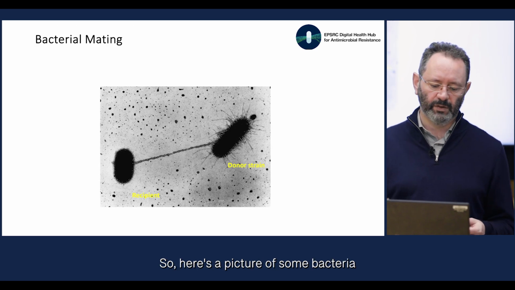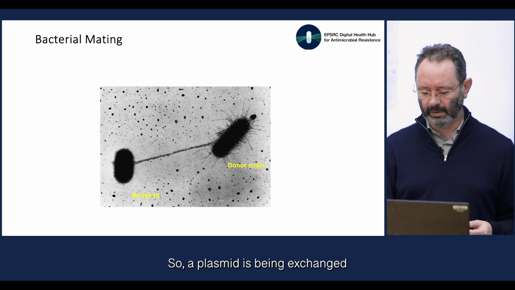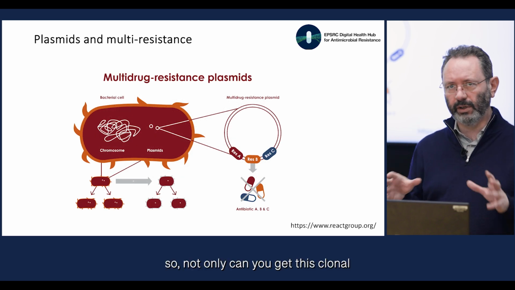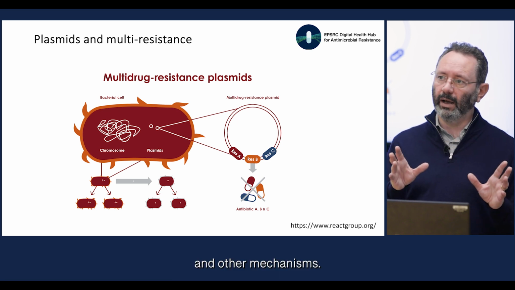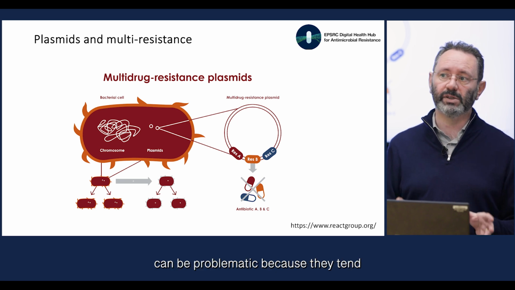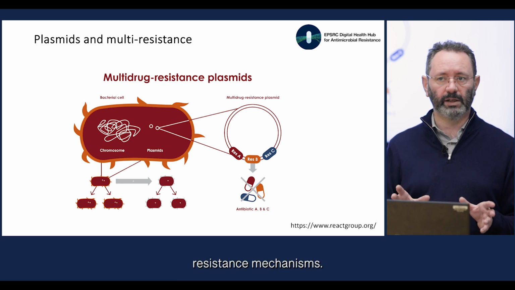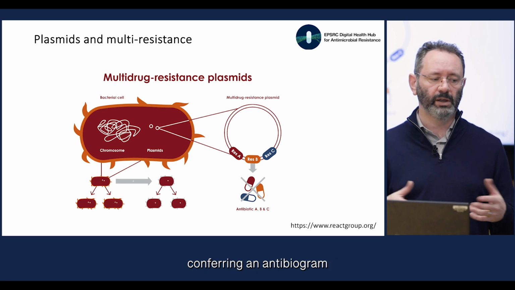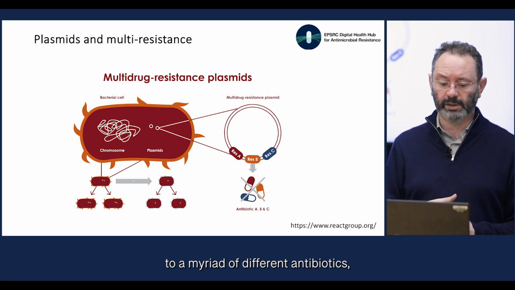So here's a picture of some bacteria sharing some DNA. So a plasmid is being exchanged here. And so not only can you get this clonal spread of organisms, but they can share the plasmids and other mechanisms. But the plasmids in particular can be problematic because they tend to be associated with multiple resistance mechanisms. So you can have a plasmid with many different resistance genes on it, conferring an antibiogram that will give you resistance to a myriad of different antibiotics.